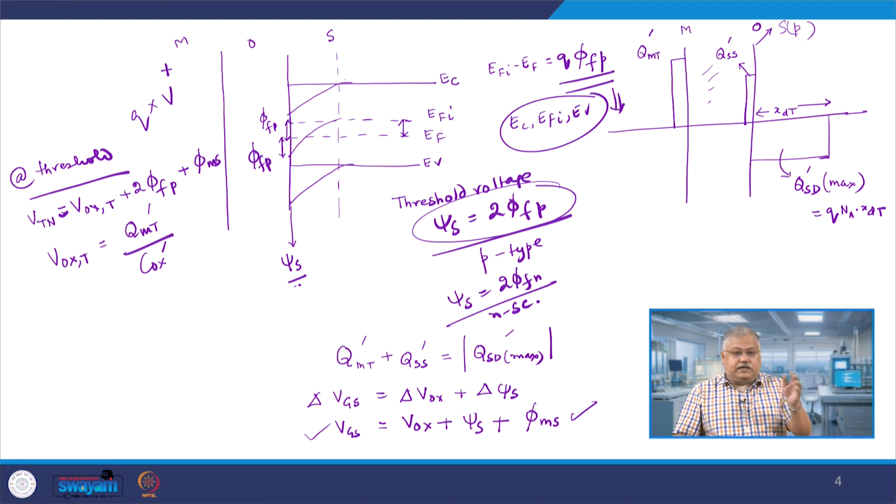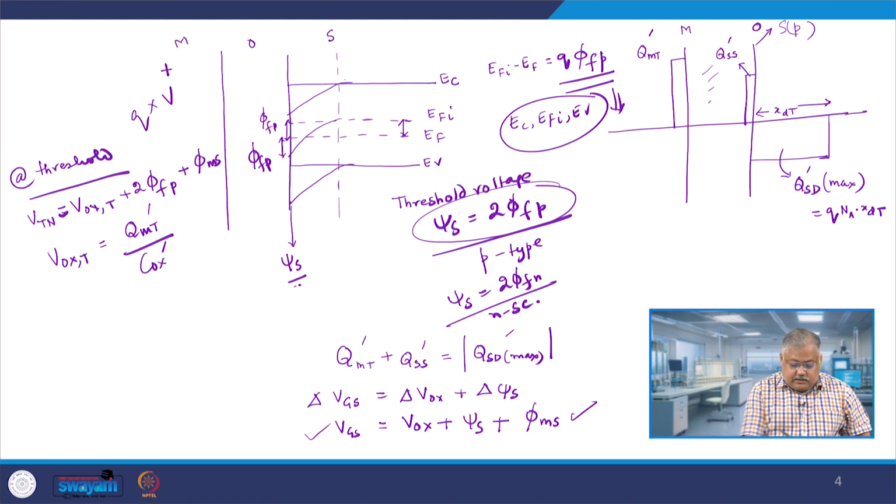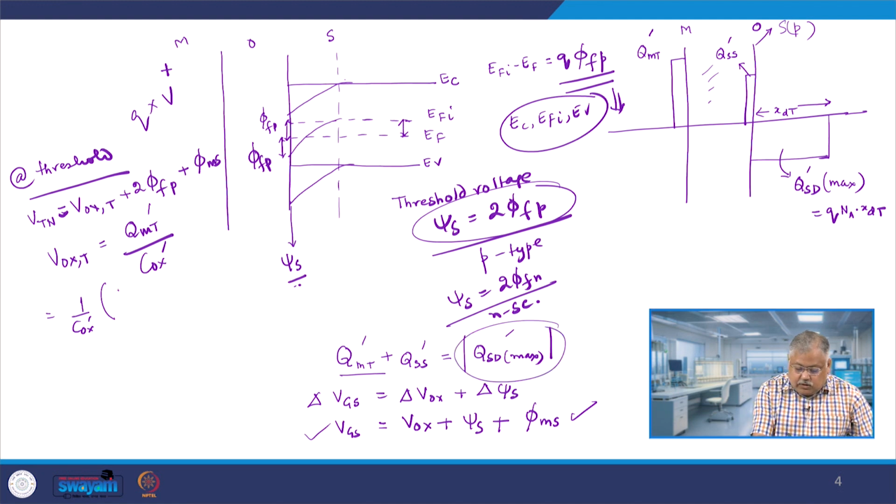Now, QMT prime by COX prime can be written as 1 by COX prime times QMT, which is this quantity, QSD prime max, minus QSS prime.